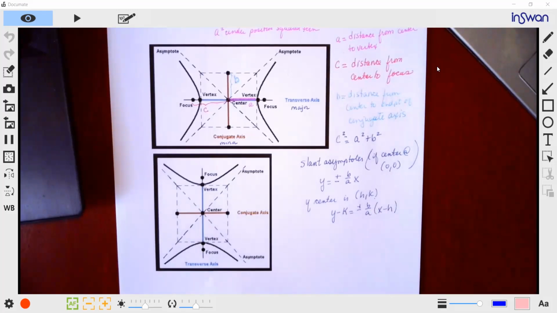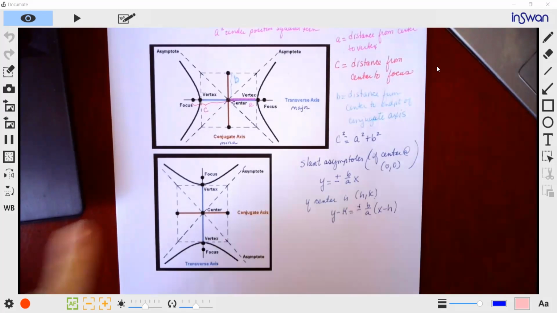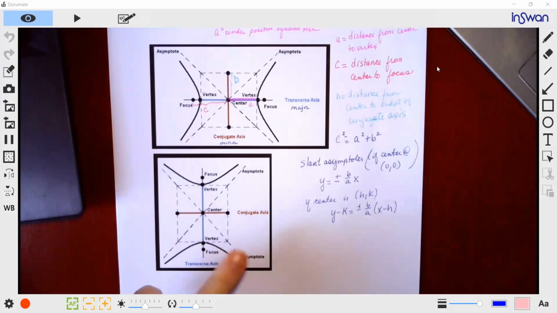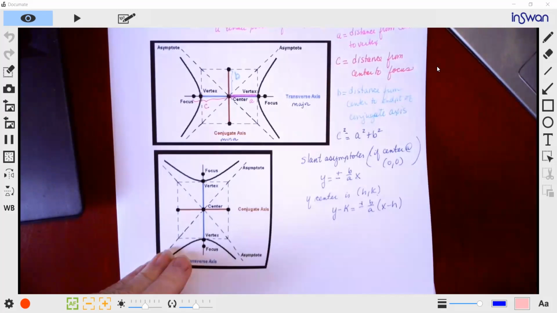I'll try to stick mainly with the ones where the center is at (0, 0), just to save us some time, like on your test or anything like that, because most of the homework problems will be that variety. And when we go through an example, I'll show you how we get those asymptotes visually as well.